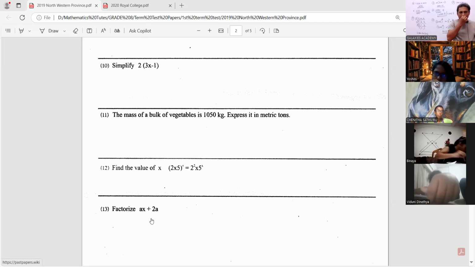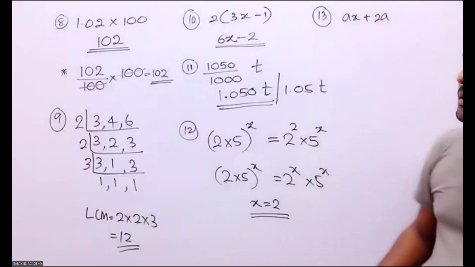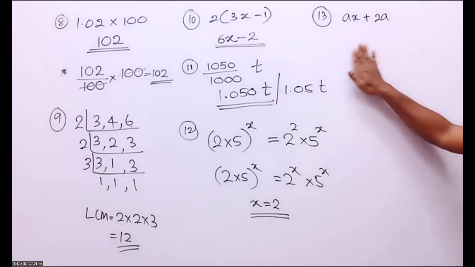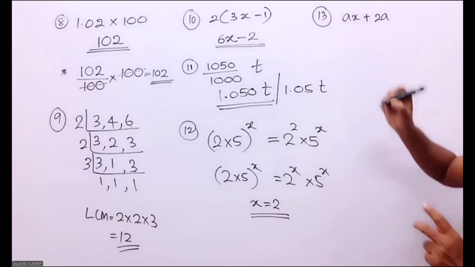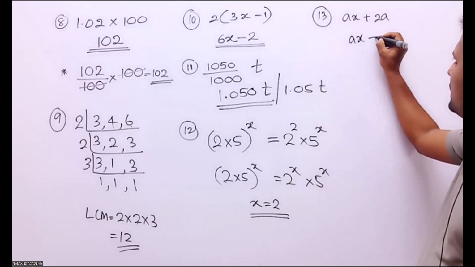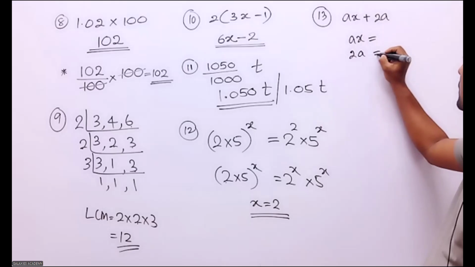Right. Factorize means you can take the highest common factor, HCF, outside the bracket of these two. If you want, first you can find the HCF of these two terms quickly. How you can find the HCF of these two terms?